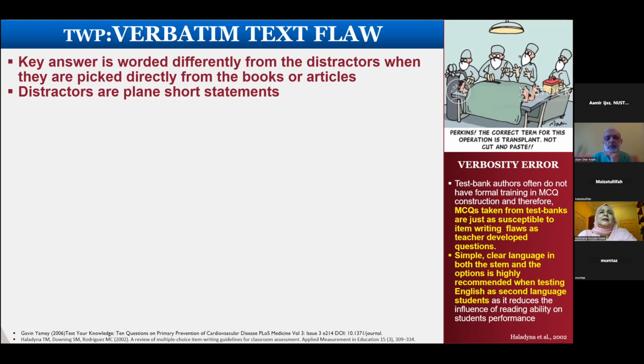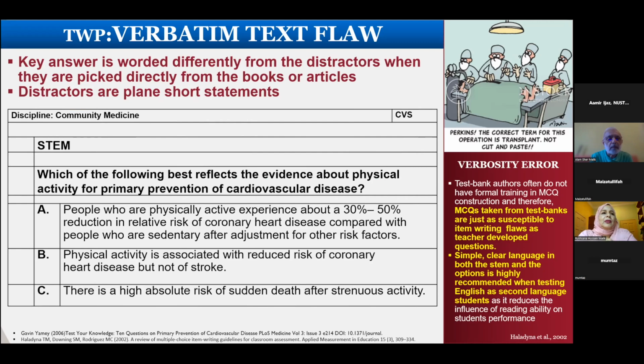So the type of English used in forming the options becomes different, and the students are very good at picking them up. In this question, you will see that A is a three-line answer which gives a detail. So it is picked up from the book, while the other ones are produced by the lecturers. So the good student will pick option A as the true answer.